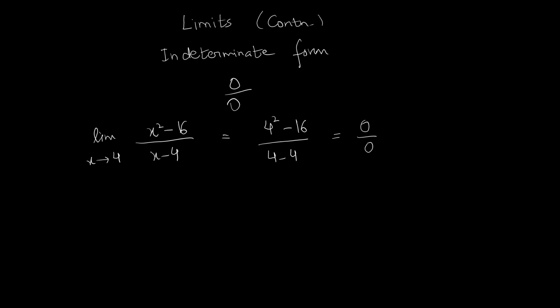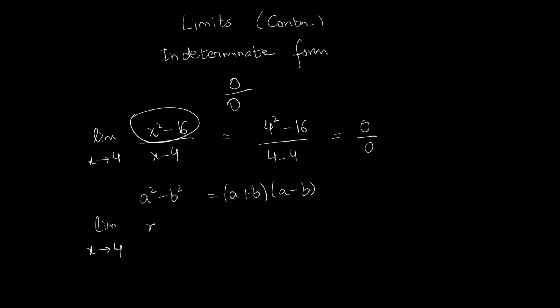For example, you can see the formula a square minus b square equals a plus b times a minus b can be applied on the numerator. So after this simplification, we just shifted that into x square minus 4 square and then applied the formula.